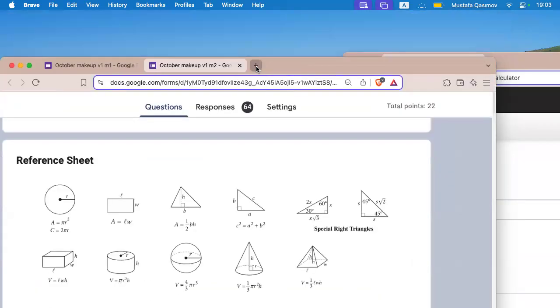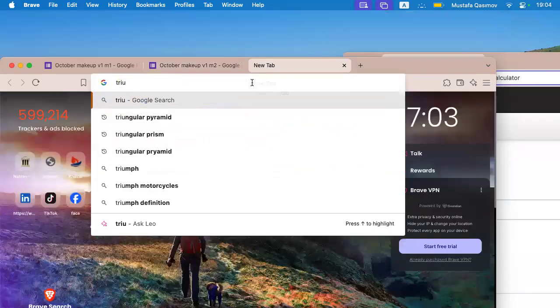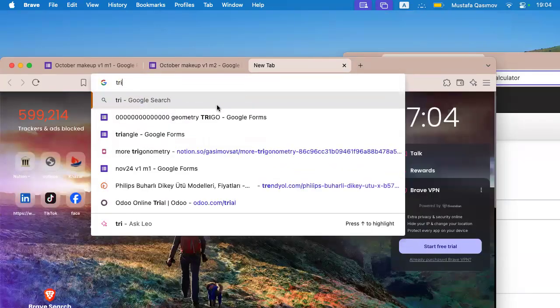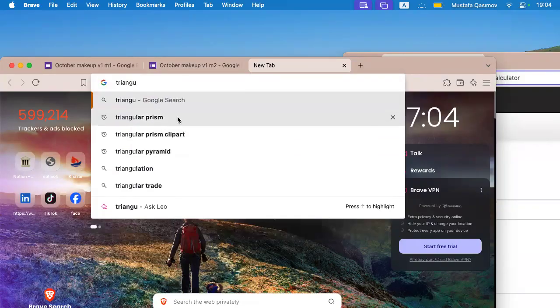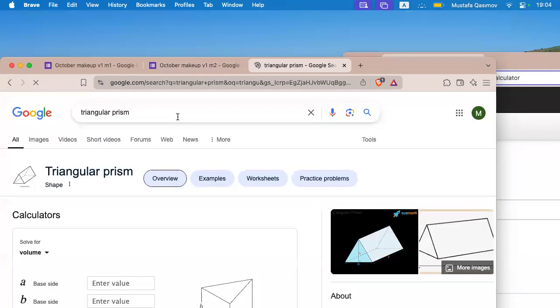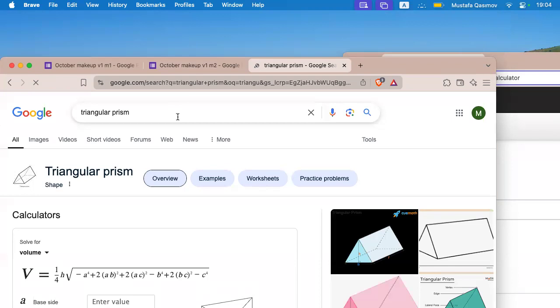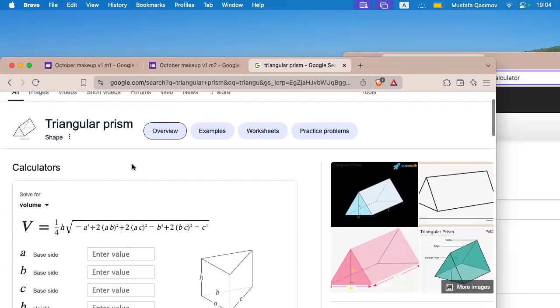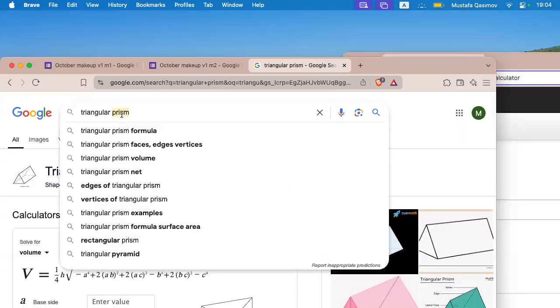Let's look also at this picture. Okay, no, not prism, pyramid.